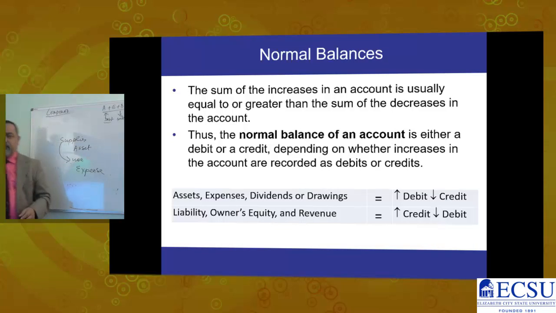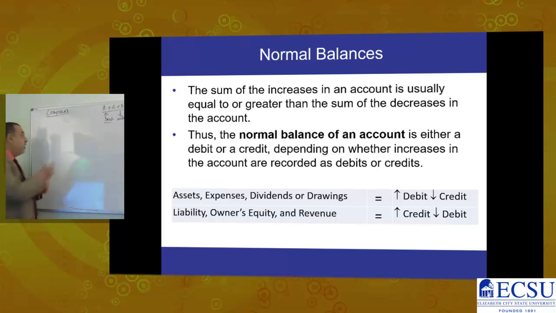Now the next concept we'll have to talk about is normal balance. What is a normal balance? Of course, the sum of the increase in an account is usually greater than or equal to the sum of the decrease in the account.